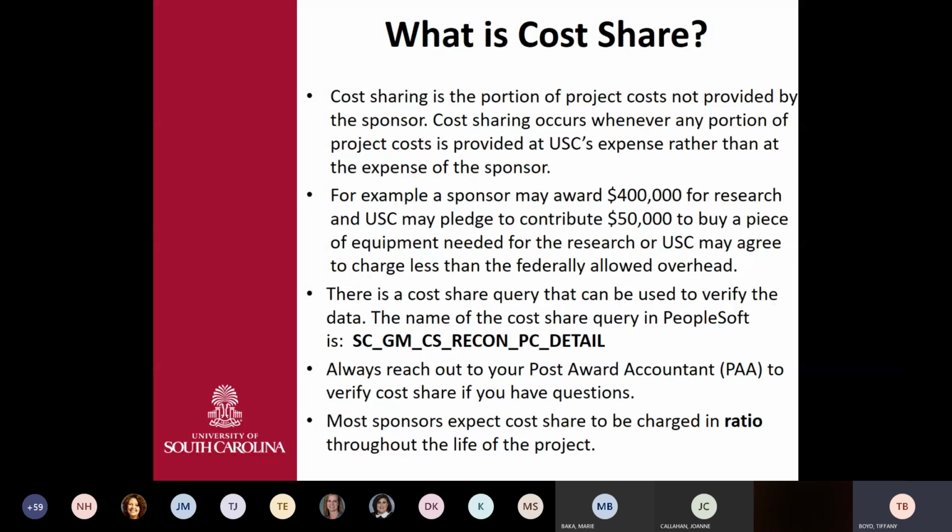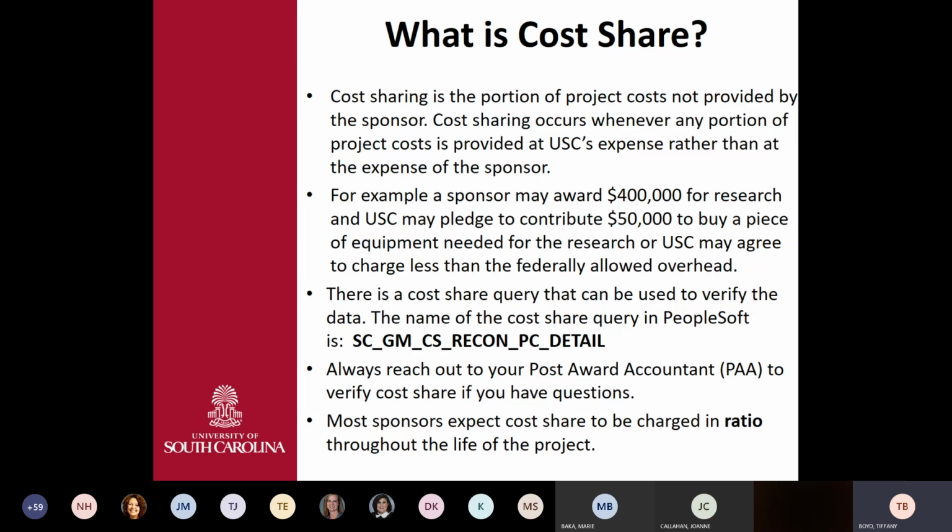For example, if a sponsor says, I'm going to give you $400,000 to conduct this research, and USC pledges to contribute $50,000 to buy a piece of equipment that's needed for the research. Or perhaps USC agrees to charge less than the federally allowed IDC or overhead rate. If we take a lower IDC rate, say we're only going to charge 10% instead of the full rate, that could be considered cost share.